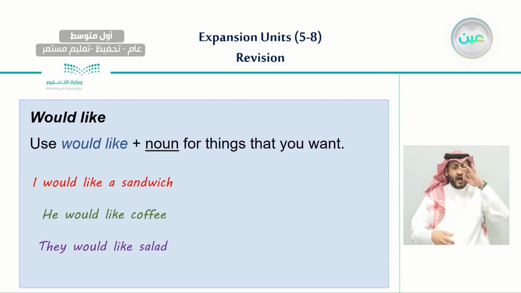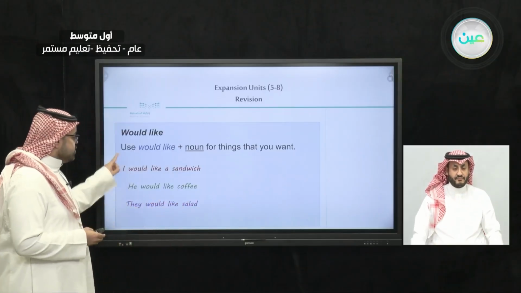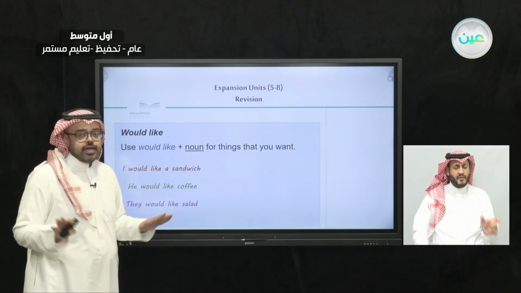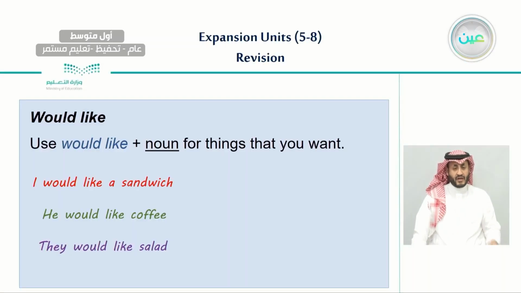Here too, after would like, we have used a noun. And also, they would like salad. Again, with all subjects, we use the same verb without adding or changing anything. And also, what comes after would like is always a noun, not a verb.